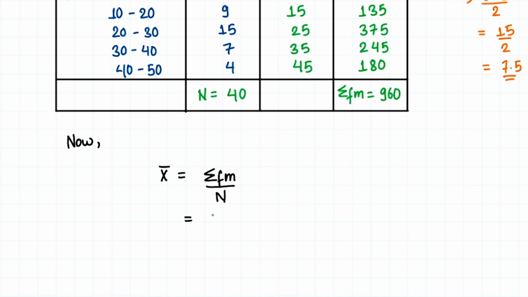This is going to be equal to 960 divided by our n, which is 40, right? Equals 960 divided by 40, which is 24. So the average age of a person living in our village is 24 years old.